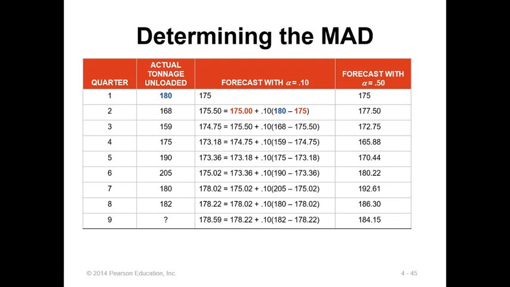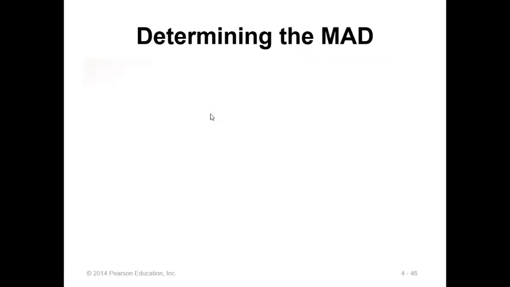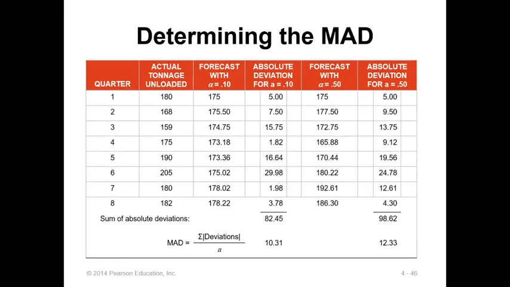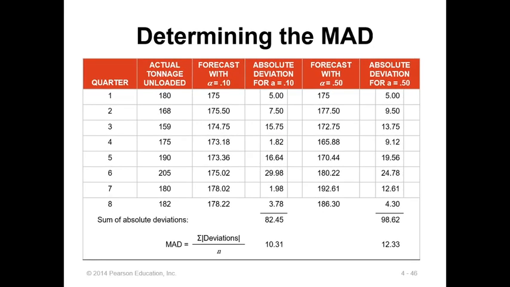Now we will solve for the mean absolute deviation. Absolute means that we will not accept negative values. Here, for example, 168 as an actual value minus 175.5 should be negative, but since the formula of MAD uses the absolute value, we will have a value of 7.5.